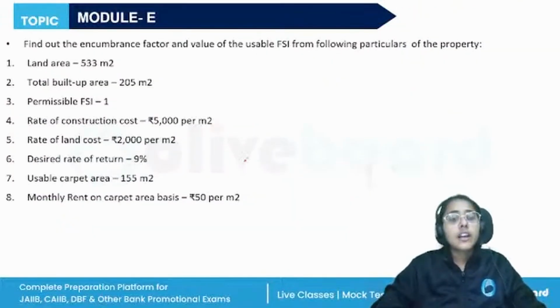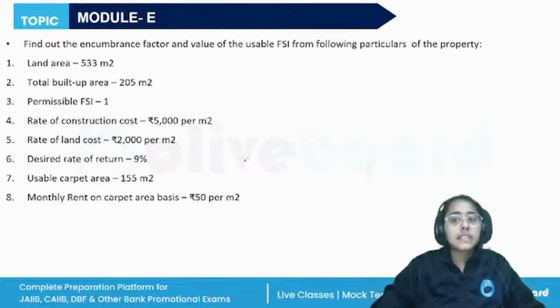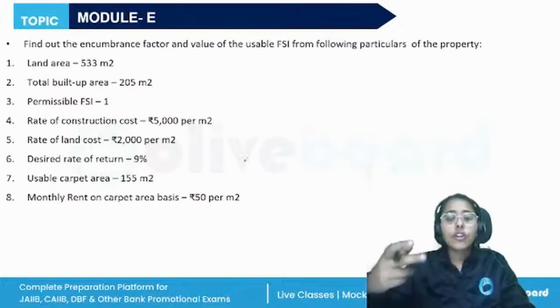Next, find out the encumbrance factor and value of the usable FSI from the following particulars of the property. We are given the land area, the total built up area, permissible value, rate of construction, rate of land cost, desired rate of return, usable carpet area, and the monthly rent on carpet area basis. So how do we calculate the cost of construction?